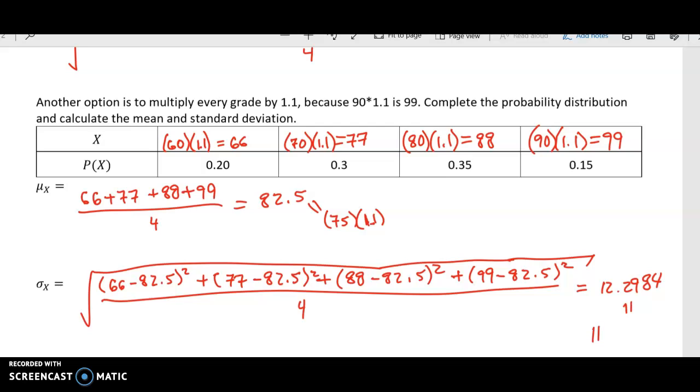Notice that is 11.1803, the original standard deviation, times 1.1.